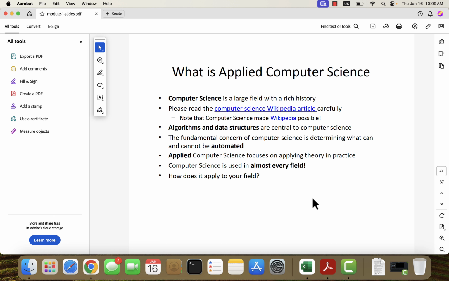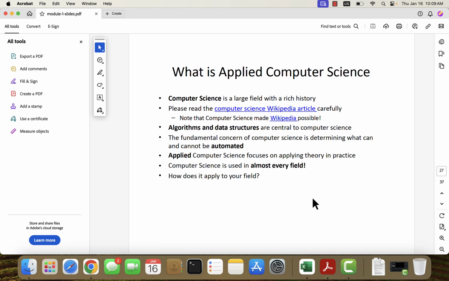It's more focused on the science of how computers work. Let's say that it involves a lot of theories, a lot of algorithms, a lot of concepts, the creation of how things work.